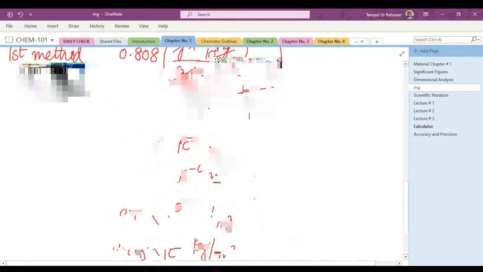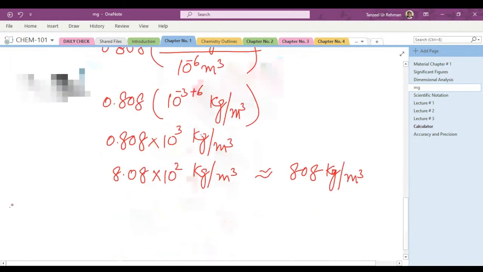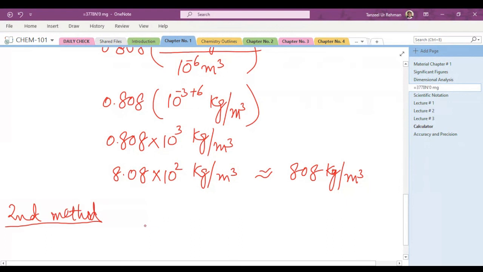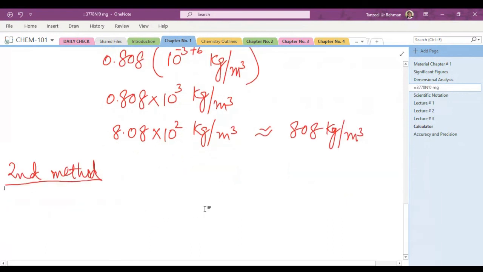Okay, now the direct method, that is the second method. What is this method? If we know the direct conversion factor, okay, how? What is given? 0.808 gram per centimeter cube. Multiply, divide. What is given? Gram per centimeter cube.